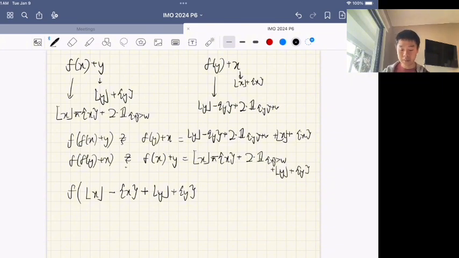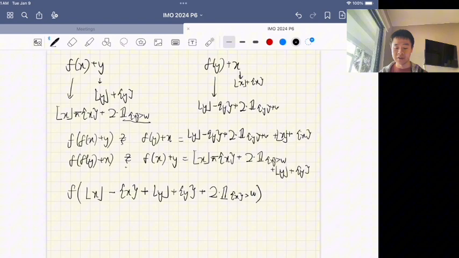Okay, plus this 2 times. Okay, I should really say what this notation means. This notation means that it will be 1 if this condition is true and 0 if this is not.